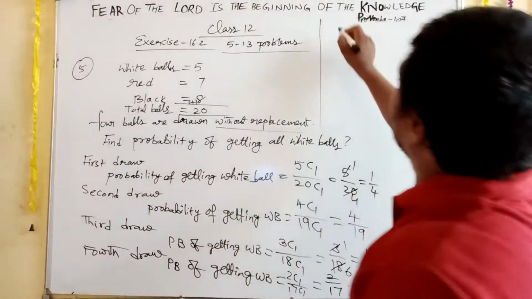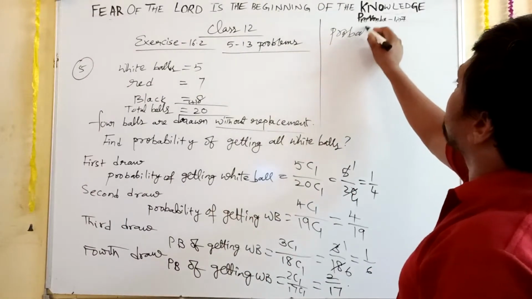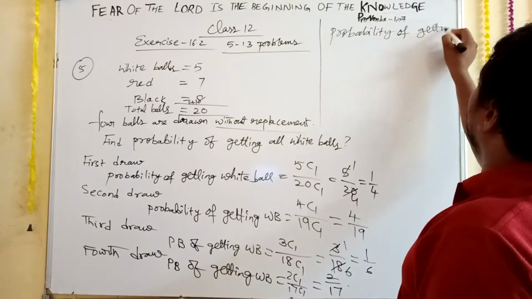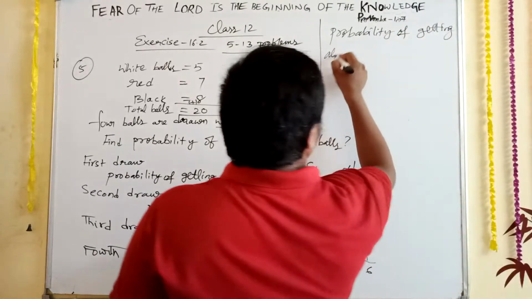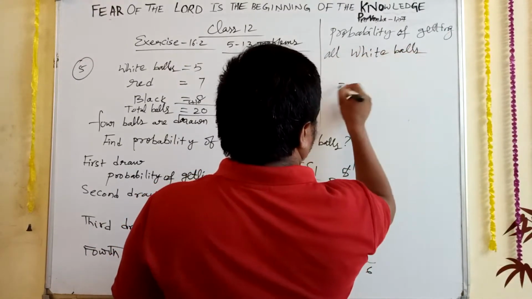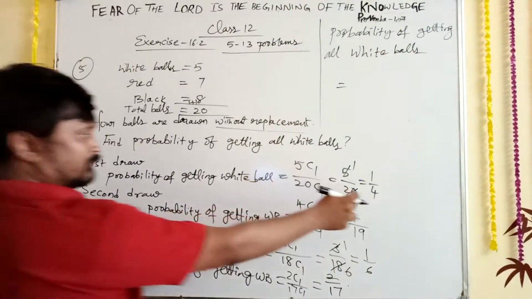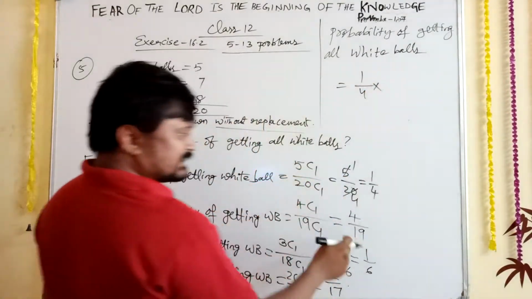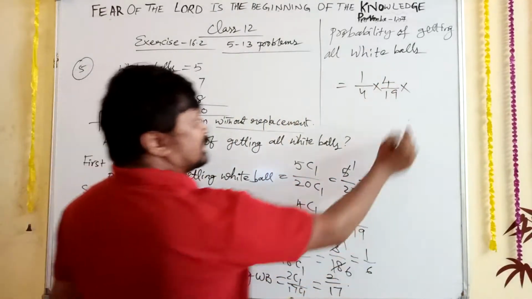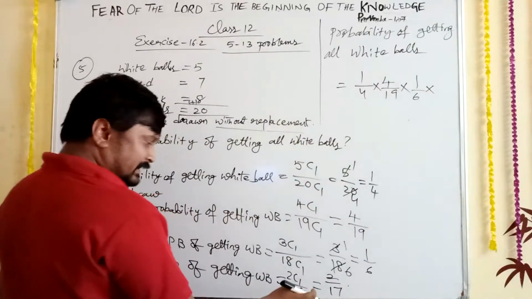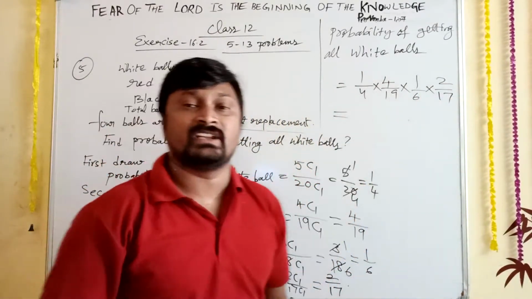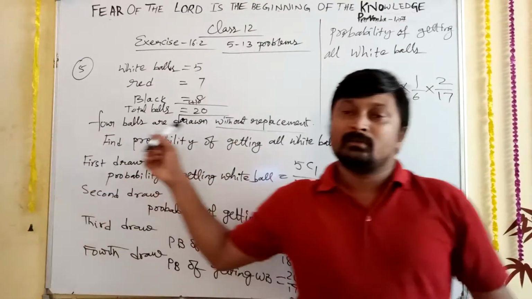So at last, the probability of getting all white balls is equal to the first one, 1 upon 4, the second one, 4 upon 19, the third one, 1 upon 6, and the fourth one, 2 upon 17. Here we are using the multiplication property of probability.